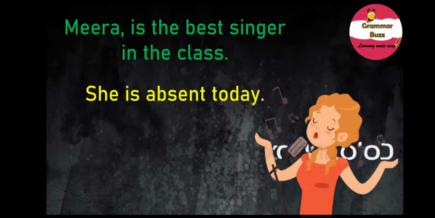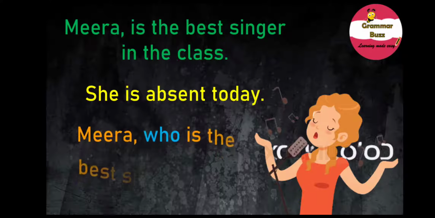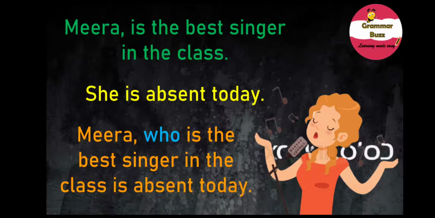So instead of she, which is a pronoun, we can use a relative pronoun to join these two sentences. Well, we could say, Meera, who is the best singer in class, is absent today.